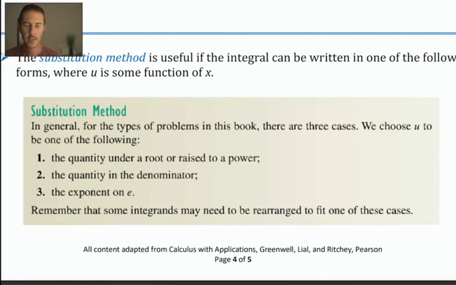Or if there's a quantity in your denominator that you could take the derivative of and get the rest of the things in your integral, use substitution. Or if you have an expression that's an exponent on e, and taking the derivative of that would equal a constant multiple of the remaining factors in your integrand, then you should use substitution.